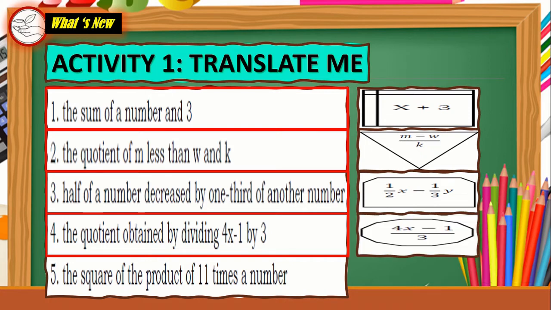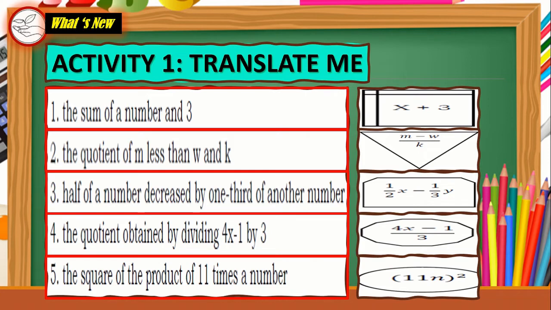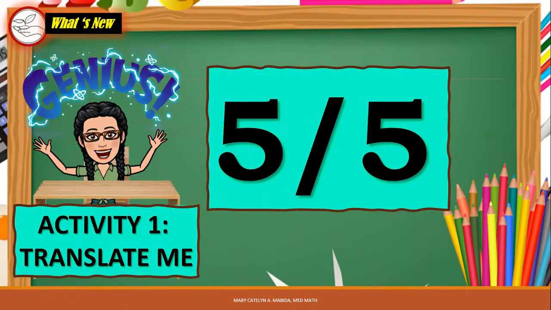It's the decagon, 4x minus 1 over 3. And lastly, the square of the product of 11 times a number. And that is perfect. It's the oval. It's the quantity of 11n raised to the power of 2. Very good. Did you get 5 over 5? Wow, genius.